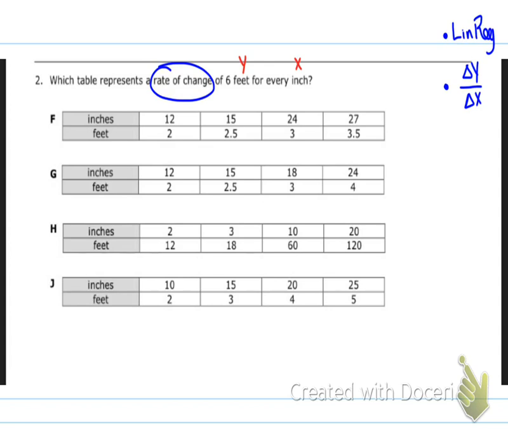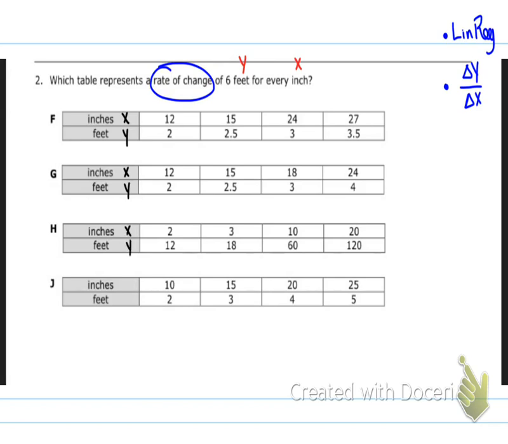Because it always gives you slope in y over x, change in y over change in x, and rise, the y value, over run, the x value. So before I continue, I want to make sure we understand that in all these scenarios, x is inches, y is feet. The reason is that they could have asked you in inches per feet, and that would really change the way we look at this table.